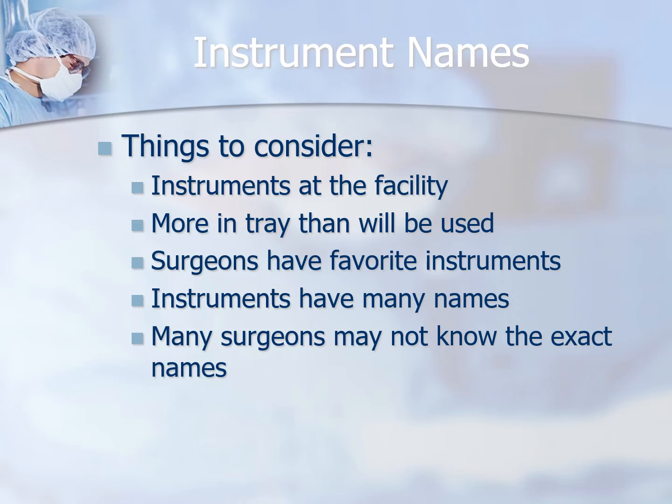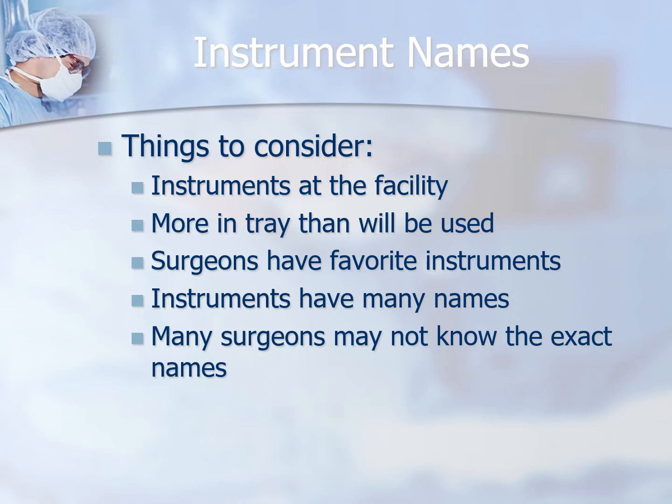They're thinking of the same thing in their mind, that 6-inch curved clamp that they can use to clamp and occlude tissue, and they may call it by a variety of names. What they nickname it at one facility, or in one part of the United States even, they may call something totally different in another part. So try not to get too frustrated with that.